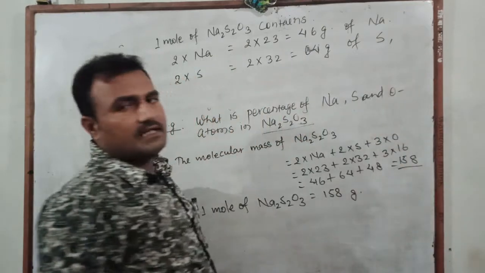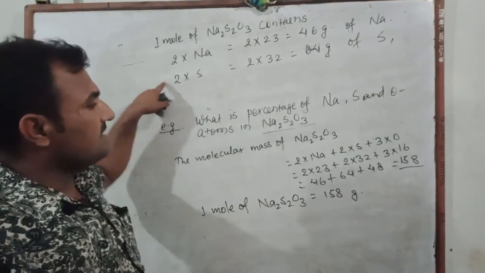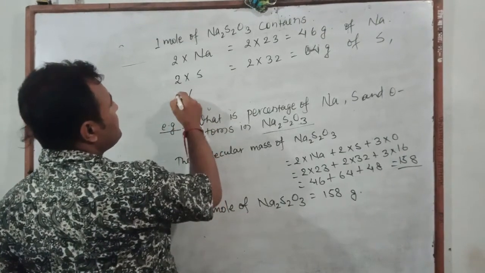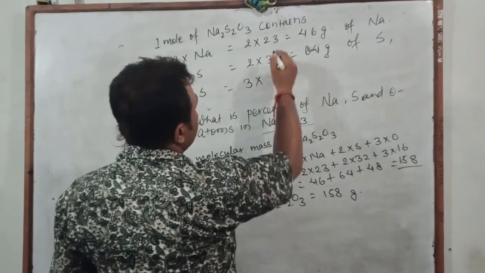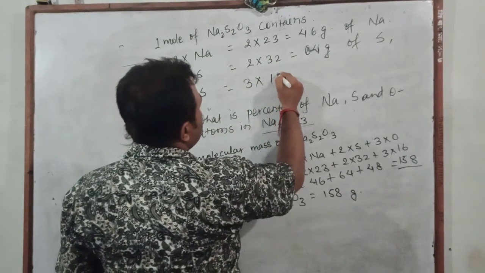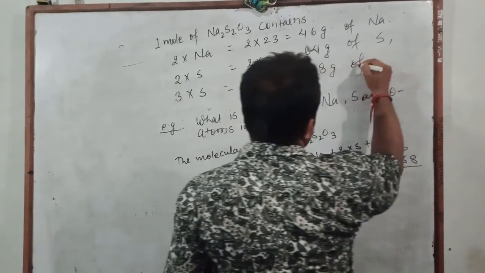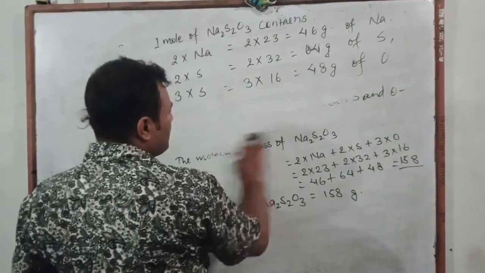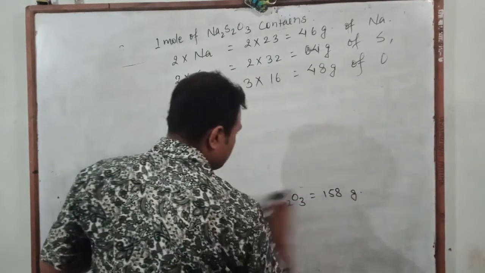So we found the different masses of the elements present. And there are 3 oxygen atoms, 3 into 16 equal to 48 gram of oxygen. Now we calculate the percentage of the different elements.